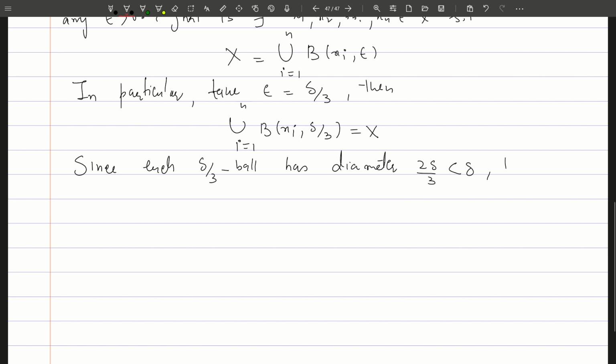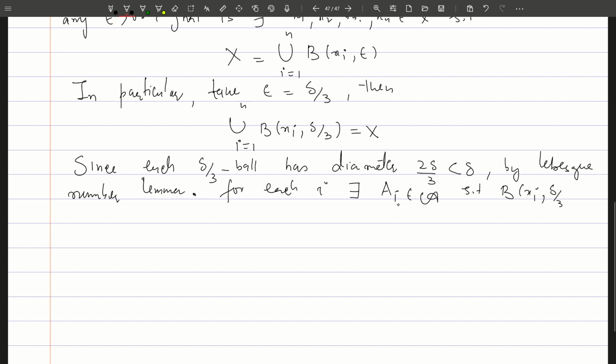So by the Lebesgue number lemma, for each i, where i goes from 1 to n, there exists an open set Ai in the cover A such that the ball centered at xi with radius delta by 3 sits inside Ai. So this is what the Lebesgue number lemma says.